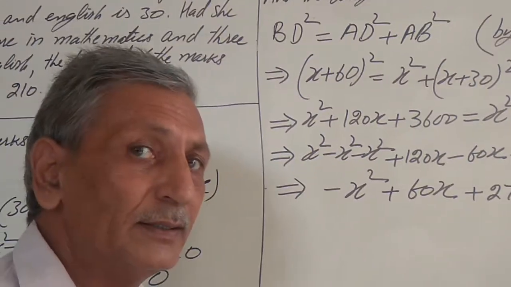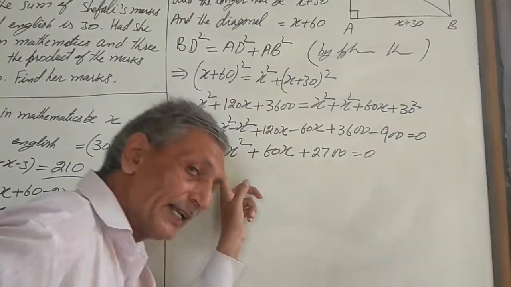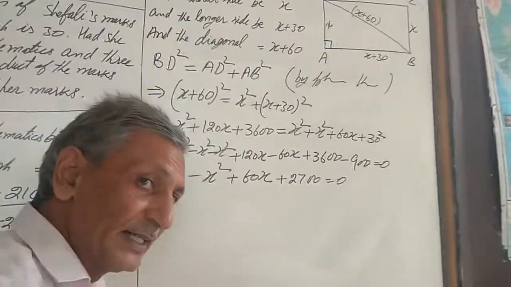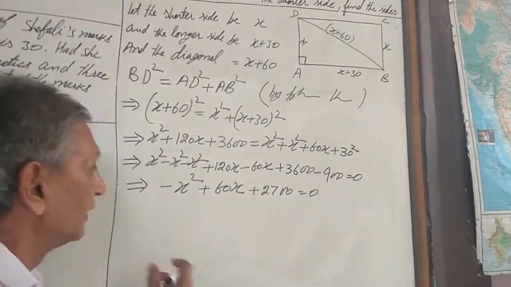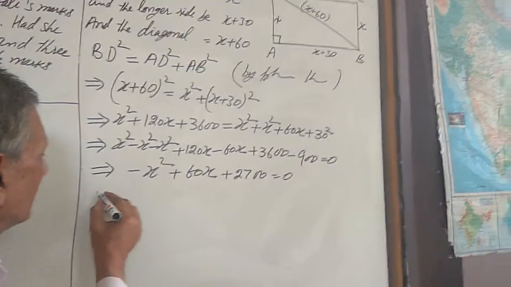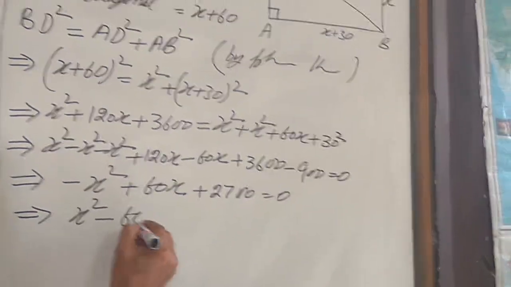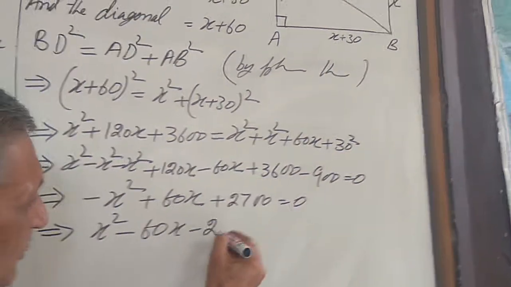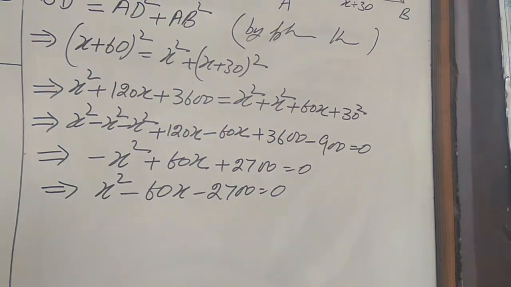Now we can do one thing, that is we can take this negative sign out by multiplying both sides with minus 1 if you wish to. So that should give you x square minus 60x minus 2700 is equal to 0.